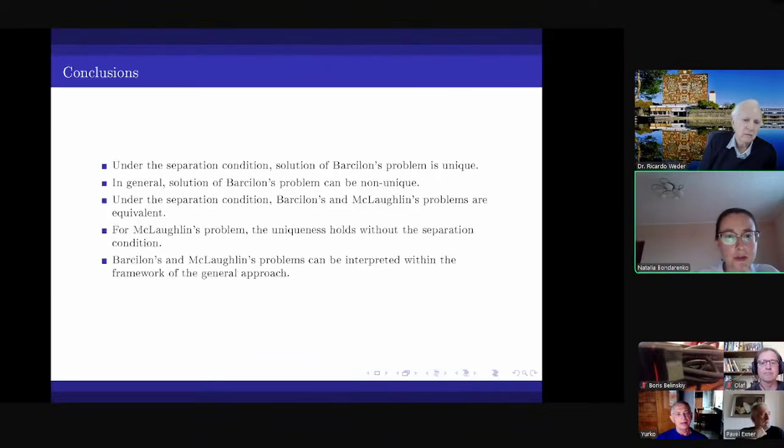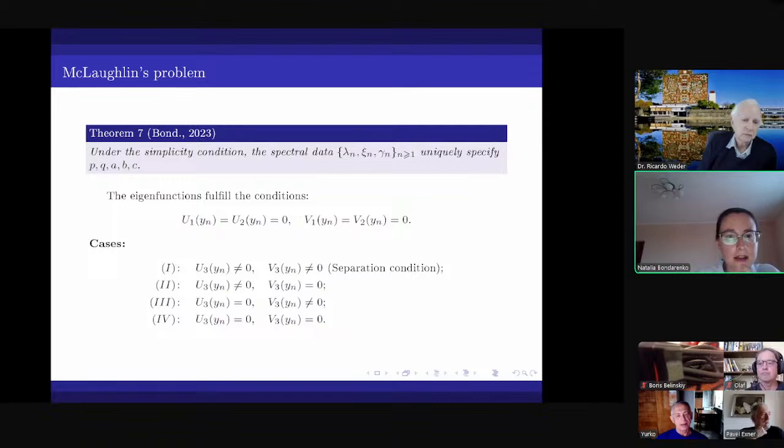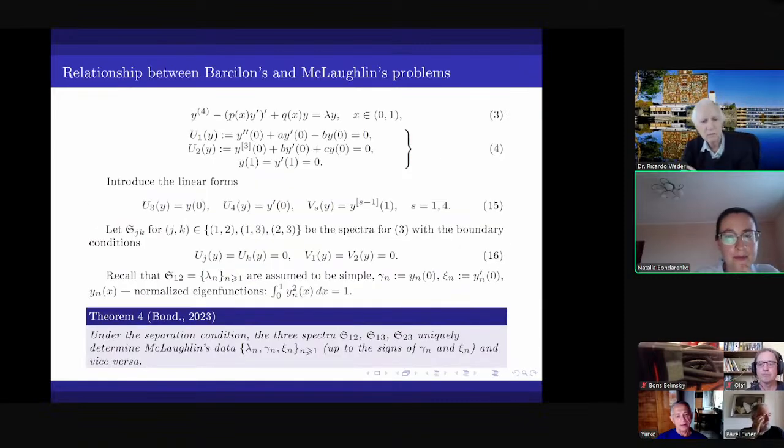Yeah, thank you for this question. In McLaughlin's problem, it's proved that the coefficients of the boundary conditions are uniquely specified by the spectral data.